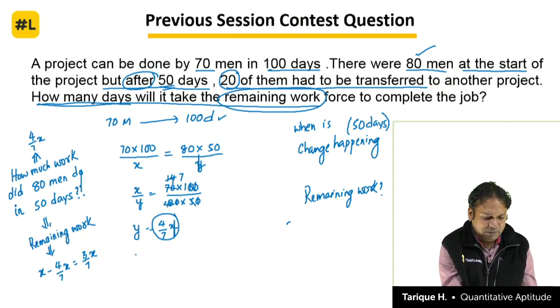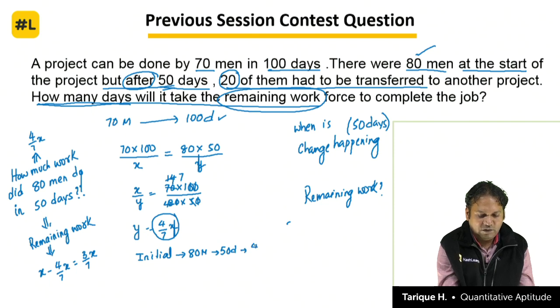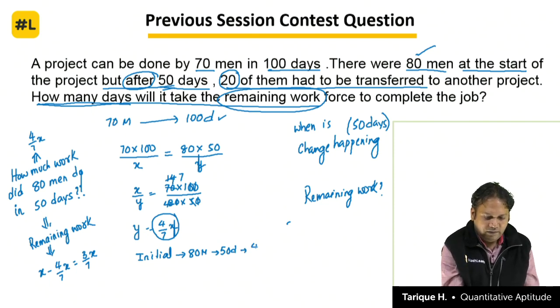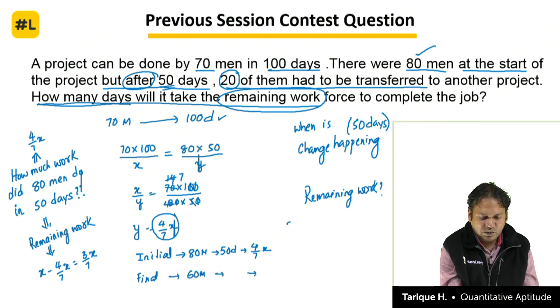Initially we had 80 persons. Initially we had 80 men who in 50 days have done 4 by 7 of the work. 4 by 7 of the work. So final, we say now what is the case here? Okay, so 60 men have to cover how much work? 3 by 7 work in how many days?